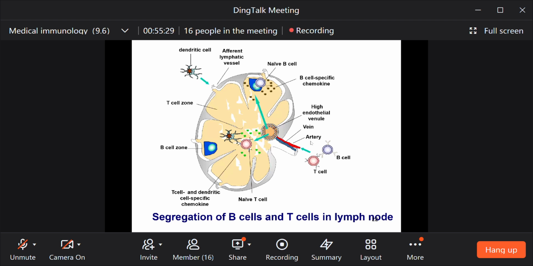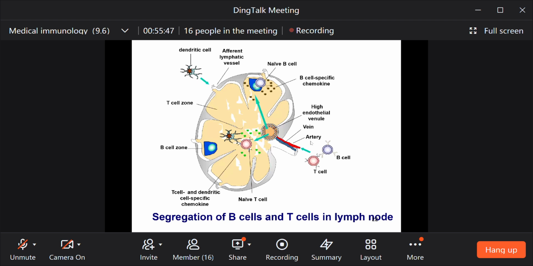This is a diagram of lymph nodes. The segregation of B cells and T cells in lymph nodes.